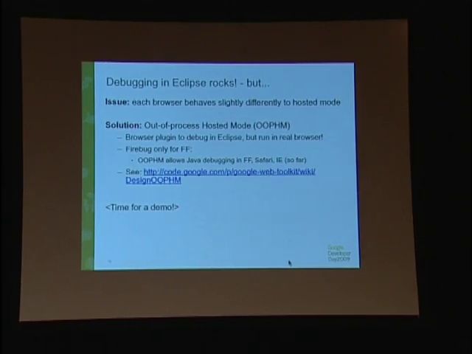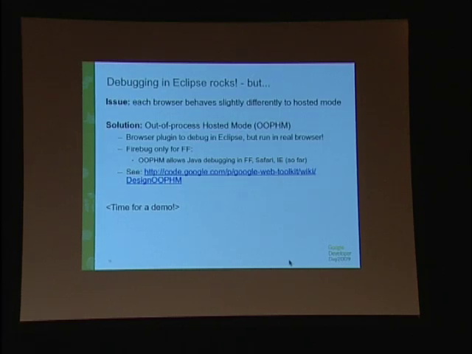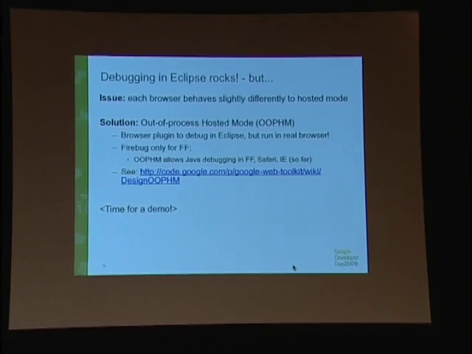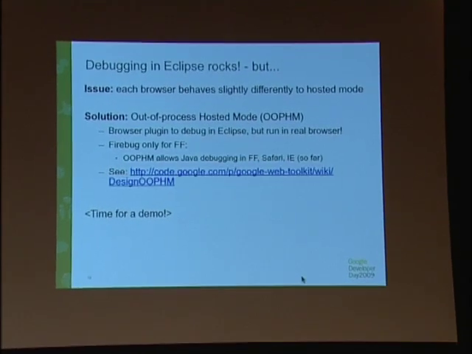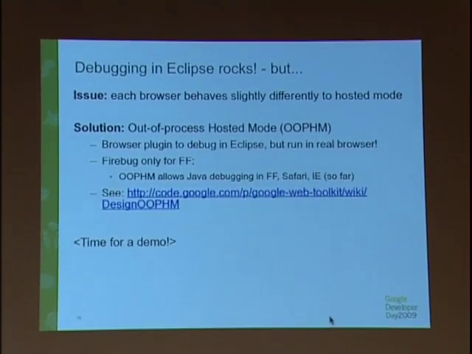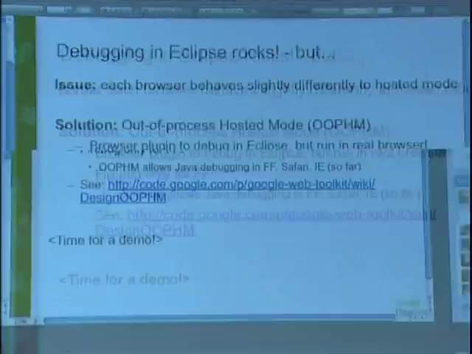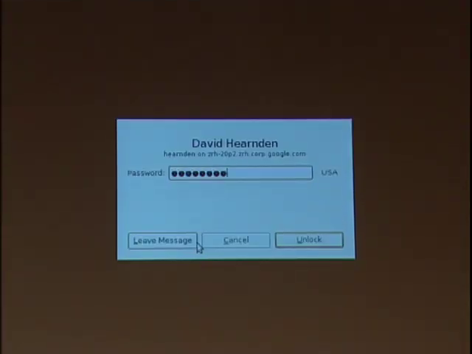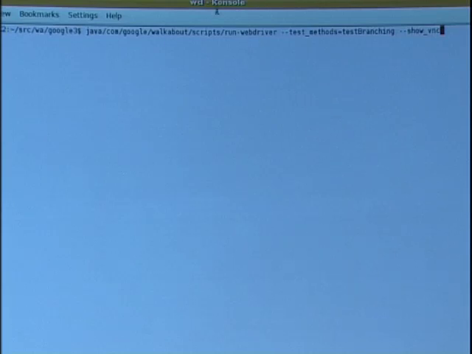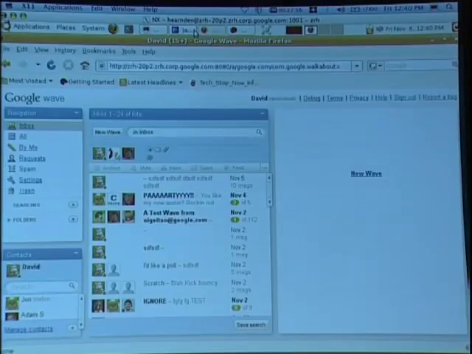But now you can debug natively in IE, in Safari, and in Firefox, and as you saw this morning, the code actually runs in the real browser. So I'll give a quick demo, given that I know many of you would have seen this already, but it really is quite some magic.